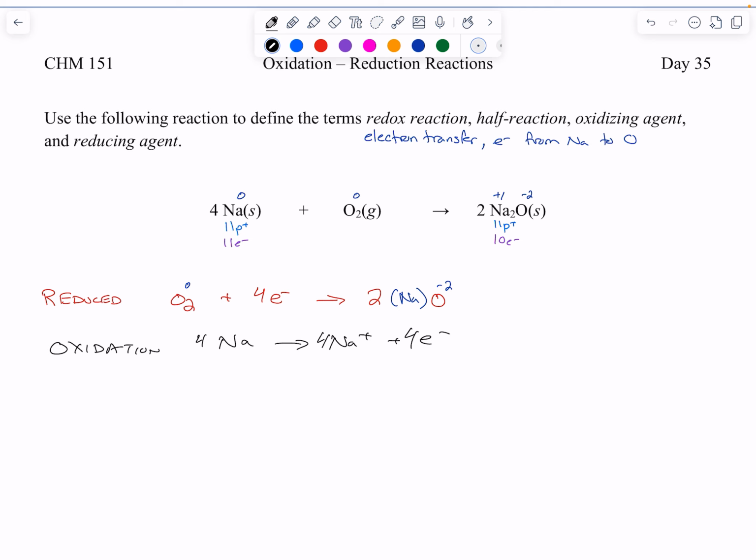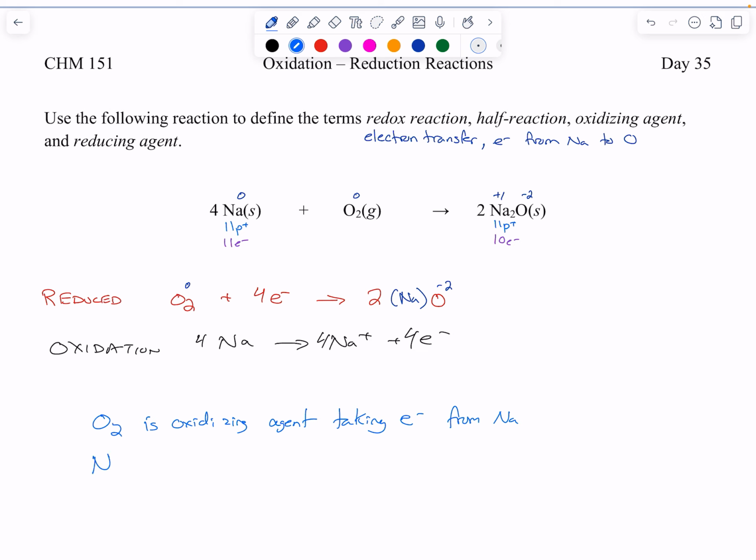So that means, what is the oxidizing agent? O2 is the oxidizing agent, right? So O2 is the oxidizing agent. If I can spell today. Taking electrons from sodium.